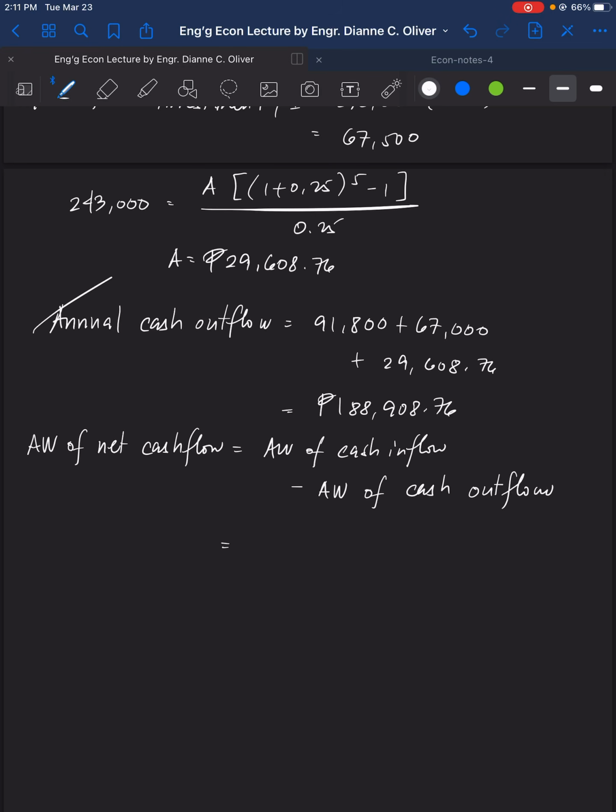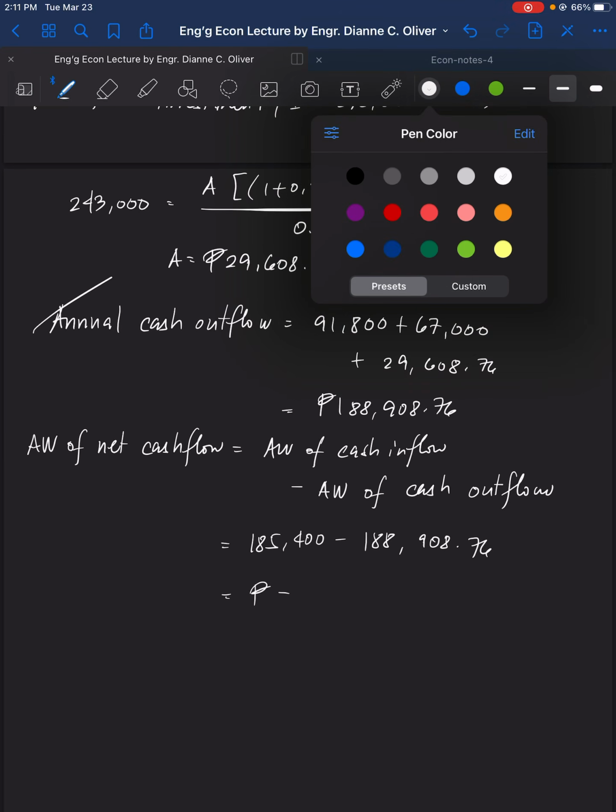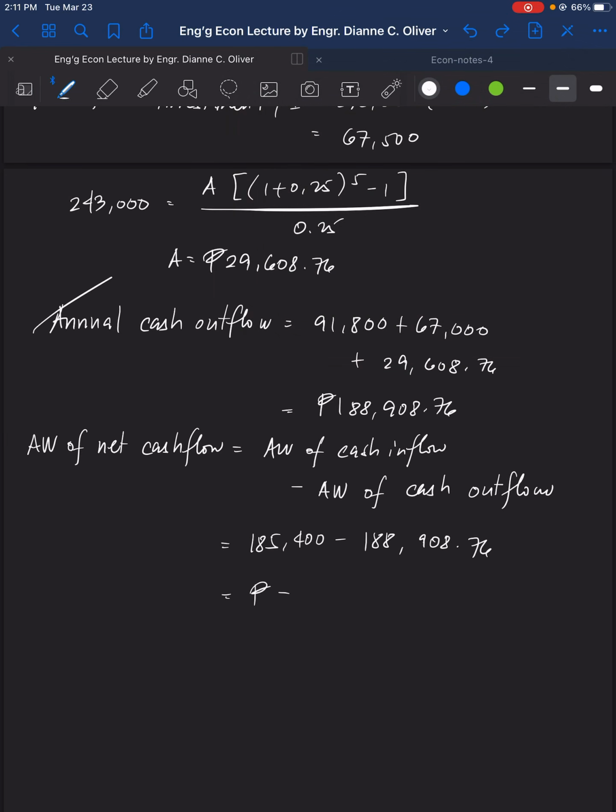So that is equal to 185,400 minus 188,908.76. That is equal to negative 3,508.76.